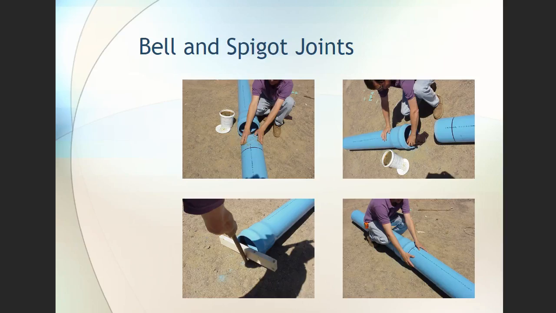Bell and spigot, PVC. Okay, what we're looking at here is a couple things to point out. We've got a very special lubricant that we use. Now you can see right through here, there's a black rubber gasket in there. So you basically lube up that gasket. It sits in a recessed ring in there. And then you also see the line on the pipe here.